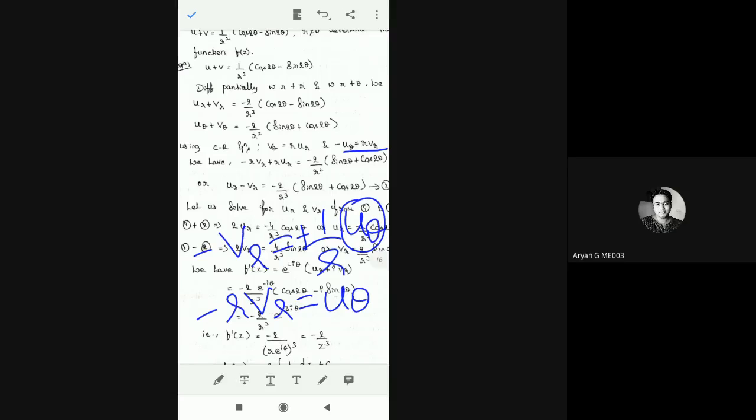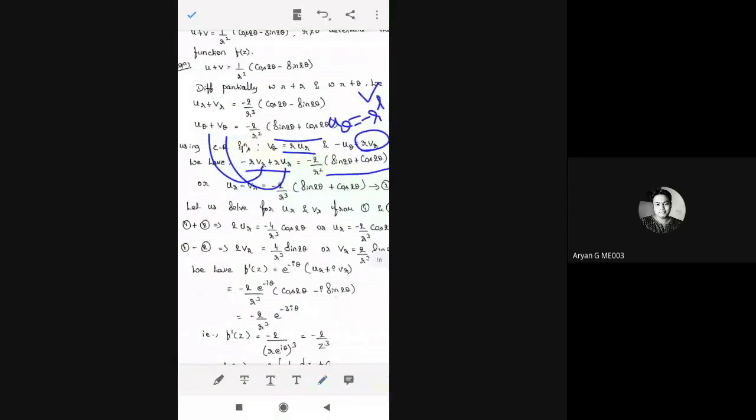Now, when you substitute in the above equation, what will we get? In the place of u theta we have minus r vr, plus in the place of v theta we wrote r into ur. Then the RHS part as it is. Now we need an expression in terms of ur and vr.